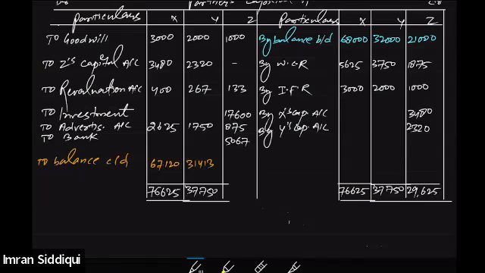Tell me, Prerna. Sir, 4,950. 4950. Yeah. Okay, just a minute. 5067, yeah, 4950.